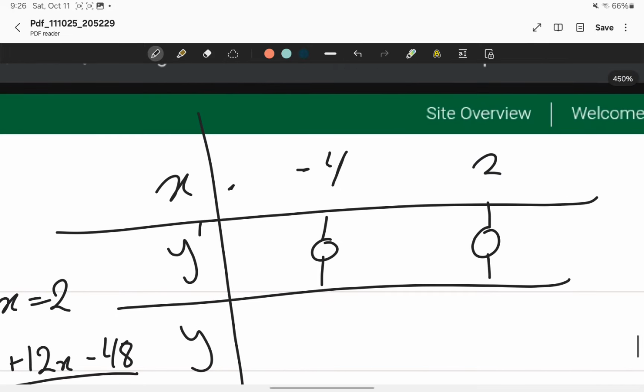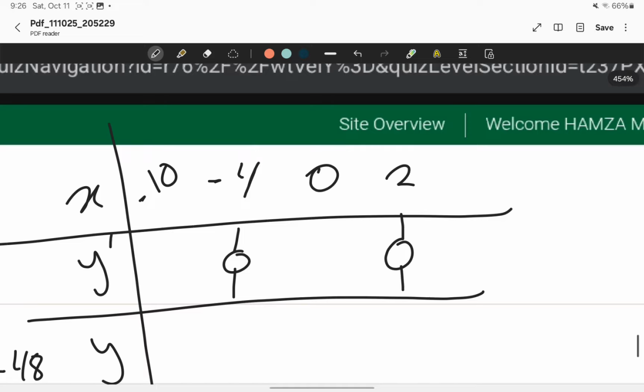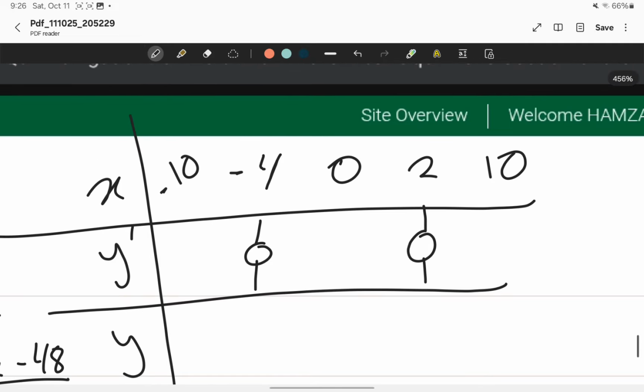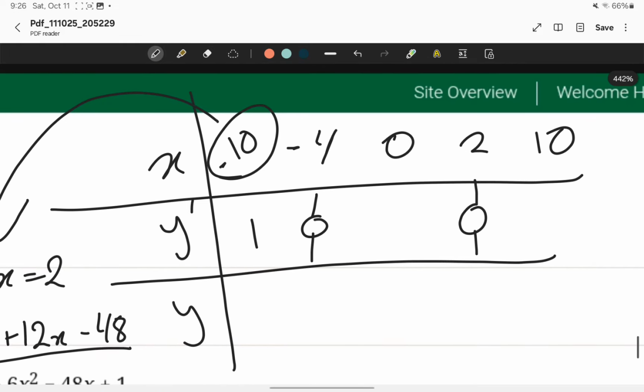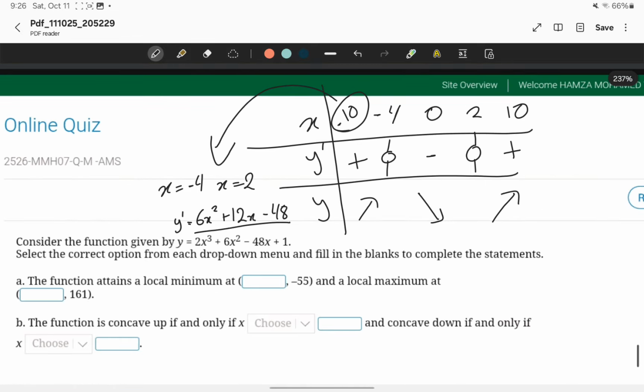Now test values, this could be -10, here could be 0, here could be 10, it doesn't matter. Take each of these, put them in the derivative, substitute, you get here positive, here you get negative, here you get positive. So it's going up, then down, then up.